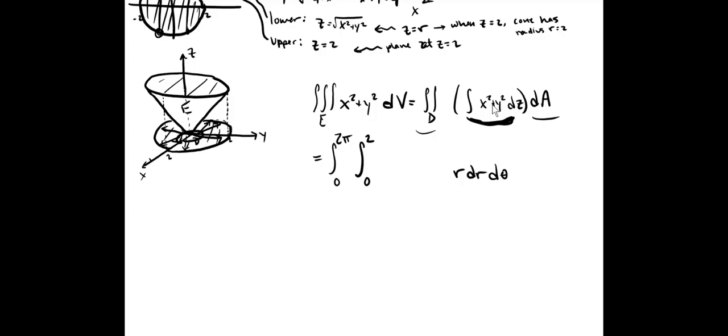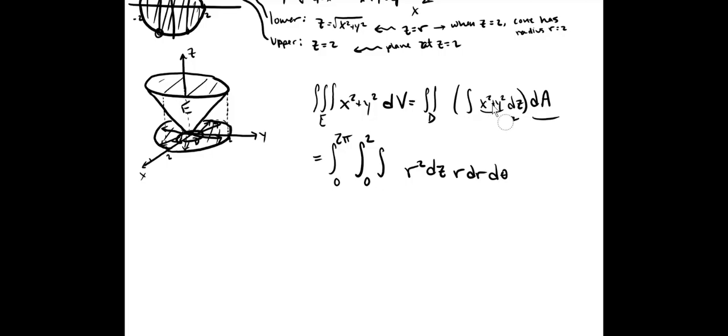Now, inside of there, first expressing x squared plus y squared in cylindrical is easy. That's r squared. And dz stays as it is. z didn't change, so its differential doesn't change. But this last integral, we need to carefully figure out.